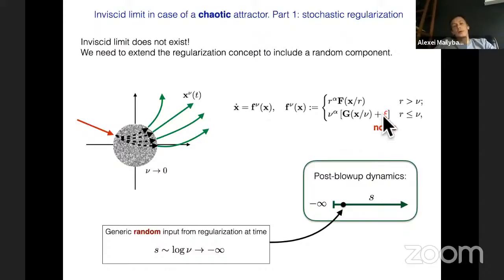So now our regularization is the following. In this small ball, instead of considering a deterministic field, we put a random field. So we have a deterministic system everywhere around, but in a small ball, we put a random field. How you put a random field, you can do in many ways.